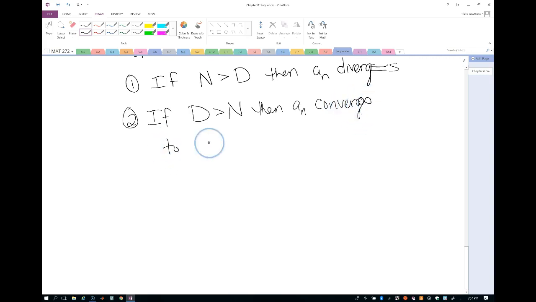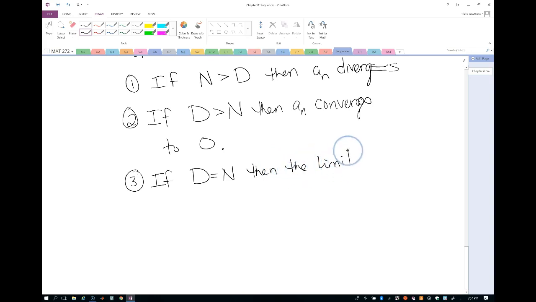If you think about a fraction whose denominator continuously gets larger and larger much quicker than the numerator, the values of those fractions are just going to get smaller and smaller and eventually go to 0. If those degrees are equal, then the limit is the ratio of your leading coefficients.